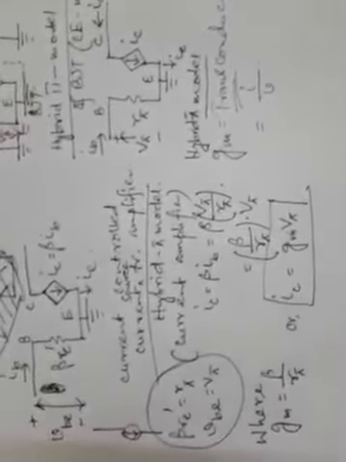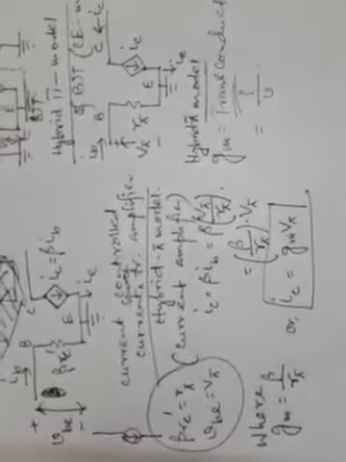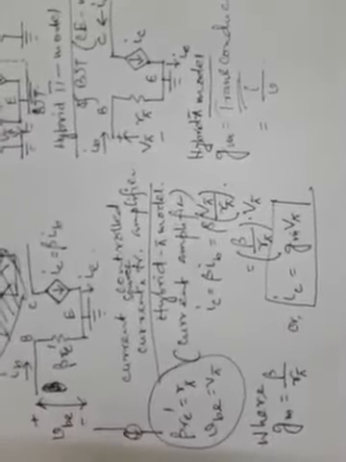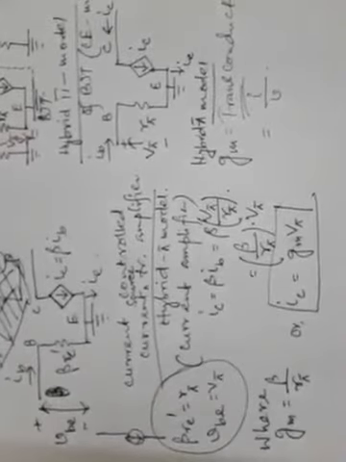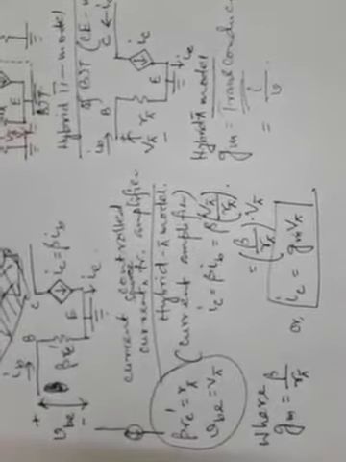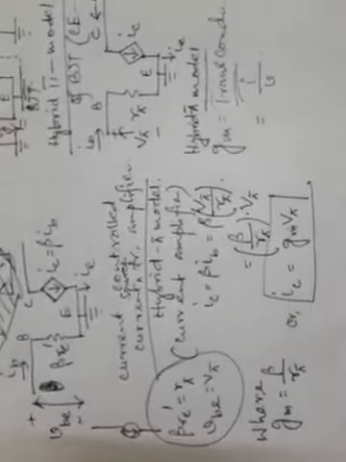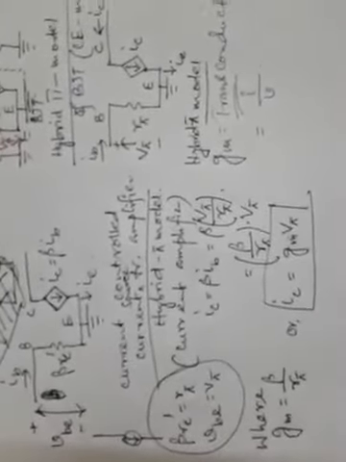That means quantities that are a ratio of one input side quantity and another output side quantity will be called trans quantities.